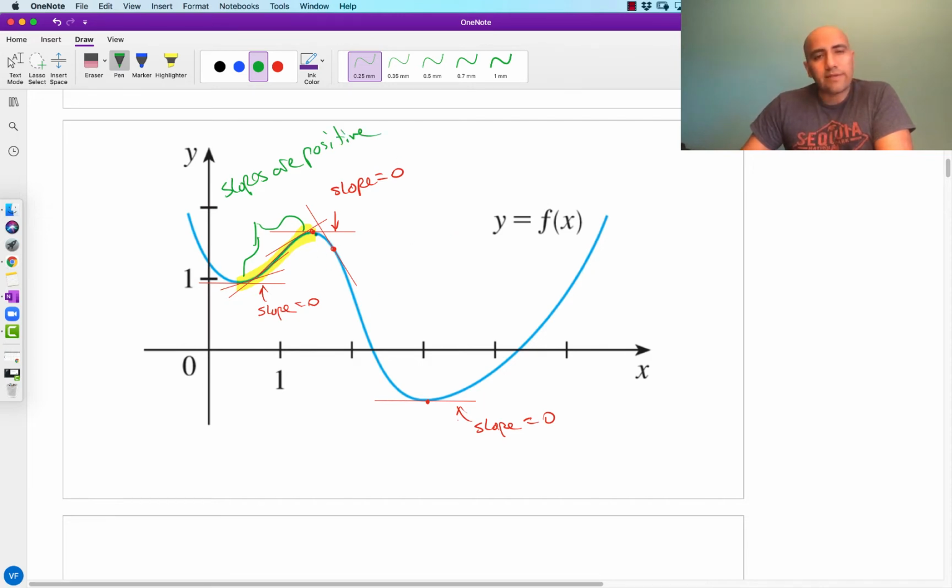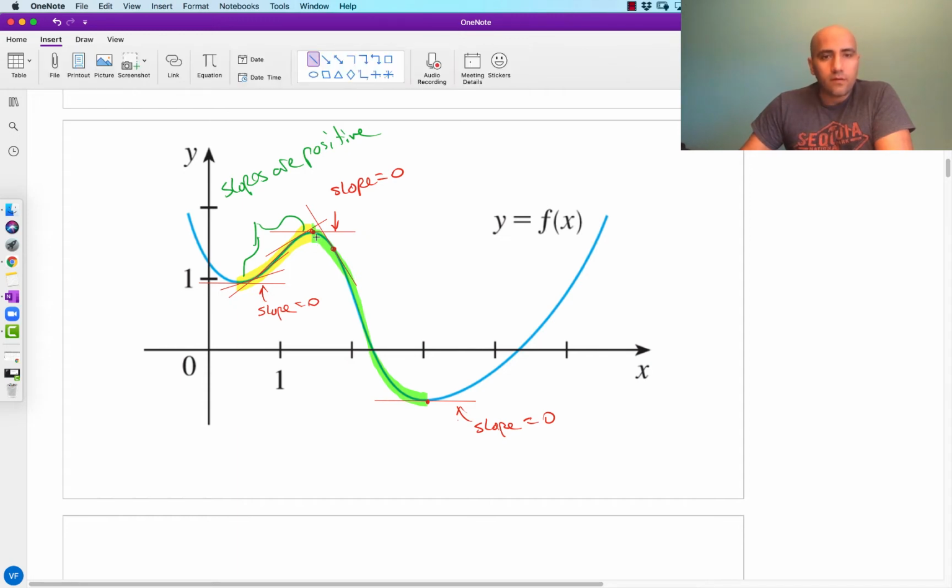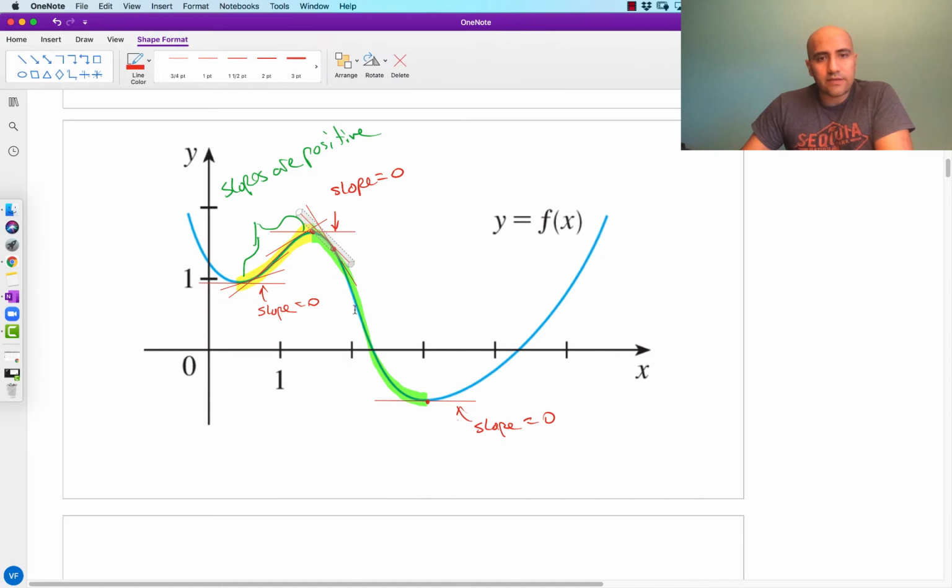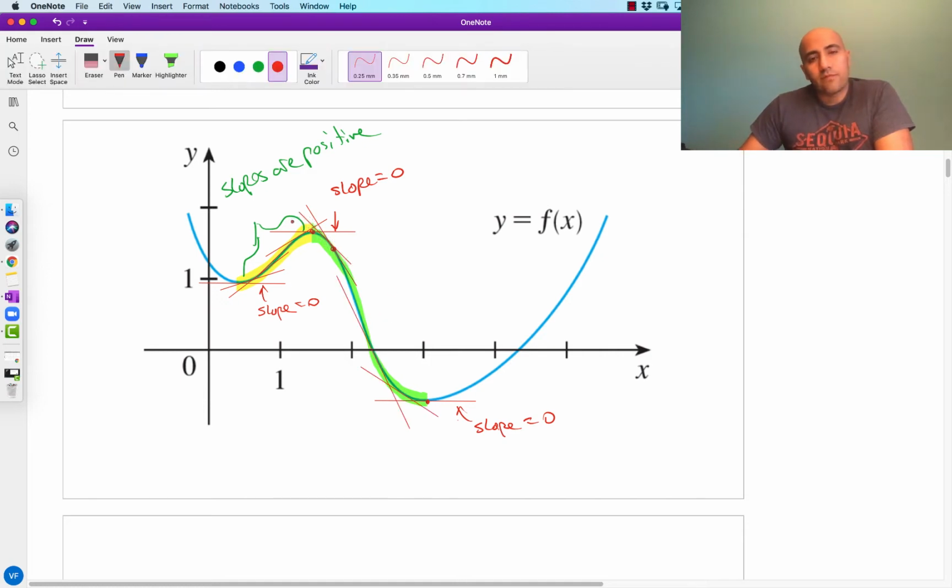Okay. Likewise, if I think about this giant section from here to here, let me highlight it. If I go from here all the way out to here, and I think about all the lines that are tangent there, I can draw a tangent line like this. So if I think about all the different tangent lines I can draw, they always have a negative slope.